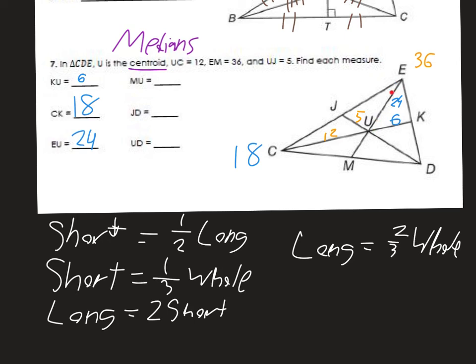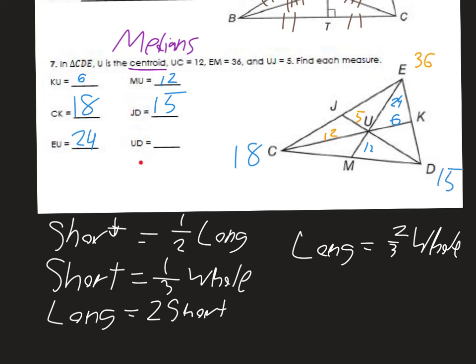The long segment is 24. UM or MU must be 12. JD, well, JD looks like the whole segment. We know the short segment. The relationship between the short segment and the whole segment is that the short segment is 1/3 the whole. 5 is 1/3 of 15.